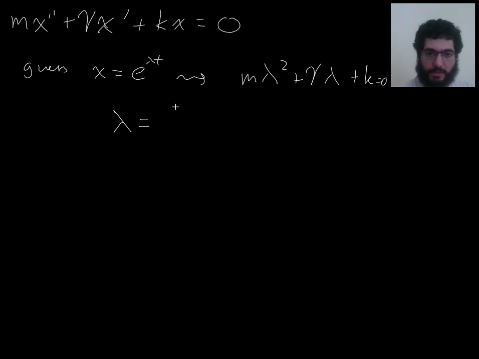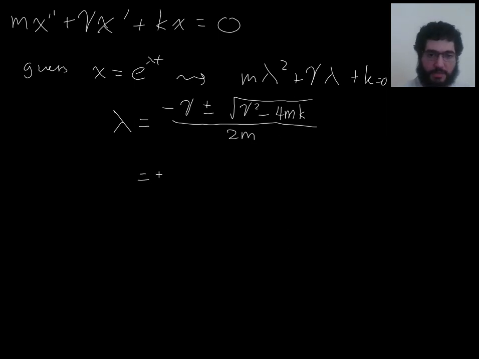So let's see, lambda is negative gamma plus or minus the square root of gamma squared minus 4mk all over 2m. And maybe a nicer way of writing that is negative gamma over 2m plus or minus, I don't know, let's stick the 2m inside the square root.